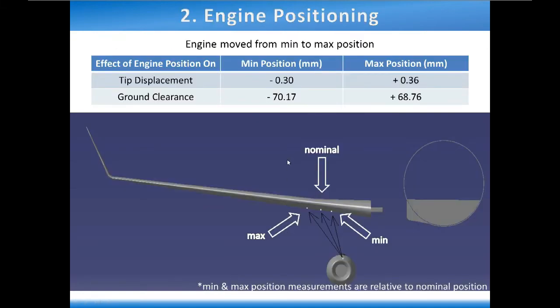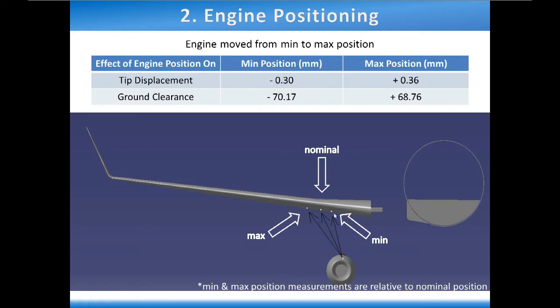The second factor we thought could affect the measurements is the position of the engine. Our engine was first at nominal position, and then we tried 3 different positions of the engine and measured the effect on the tip displacement and ground clearance.